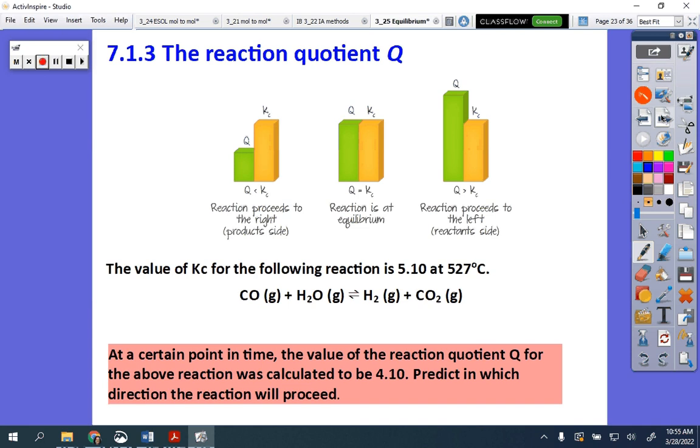At a certain point of time in the reaction, the value of Q is 4.10. So which way will the reaction proceed? Will it proceed to the left towards the reactants or to the right towards the products? It'll be to the right because our Q is less than K. The reaction is going to proceed to the right, to the product side.